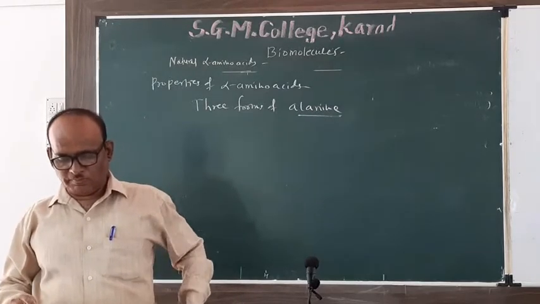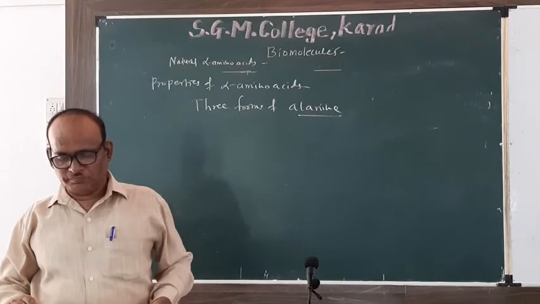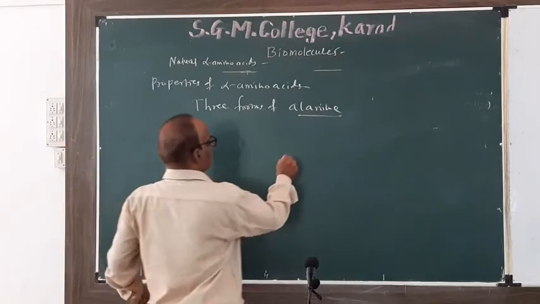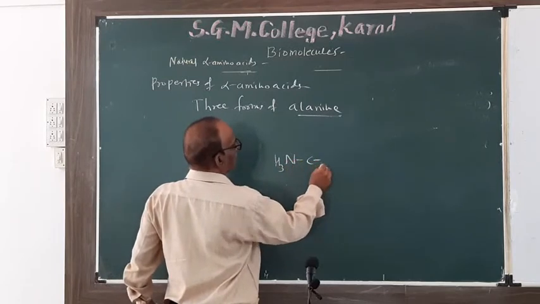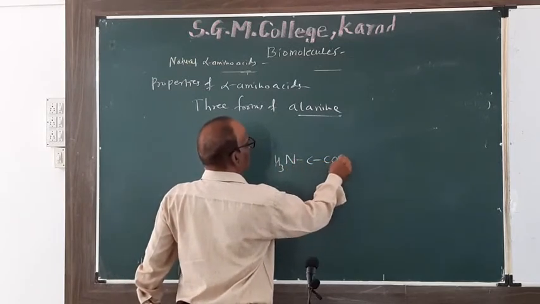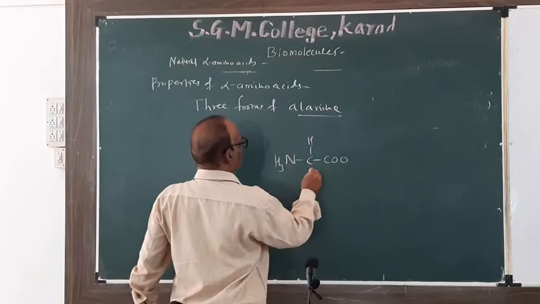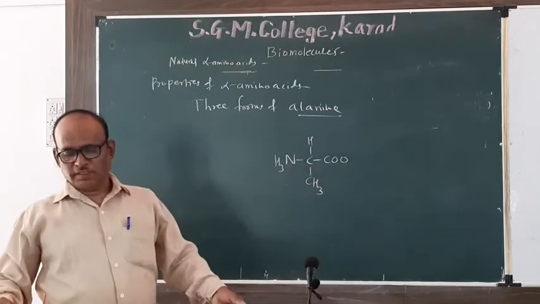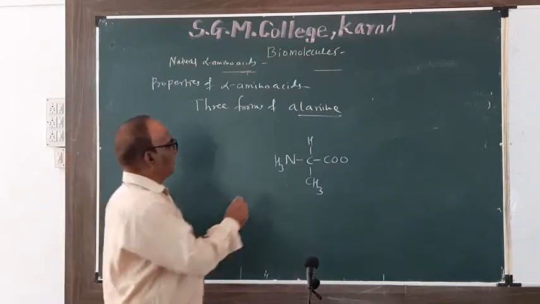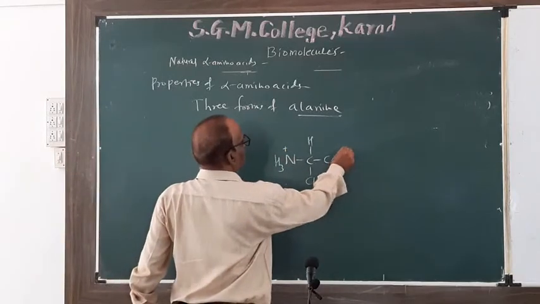So the structure of the alanine Zwitter ion is here: NH3, C, H, and here CH3. R is CH3, and this is the Zwitter ion of alanine.